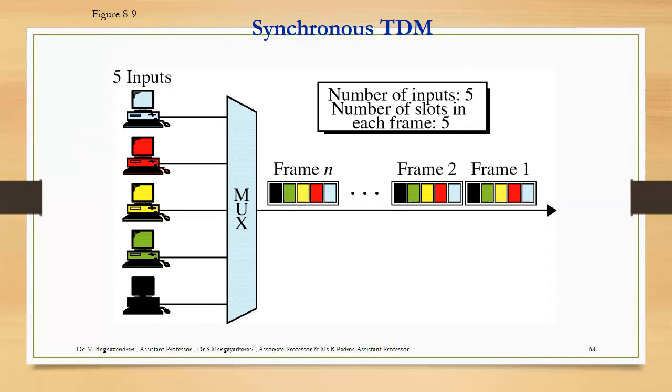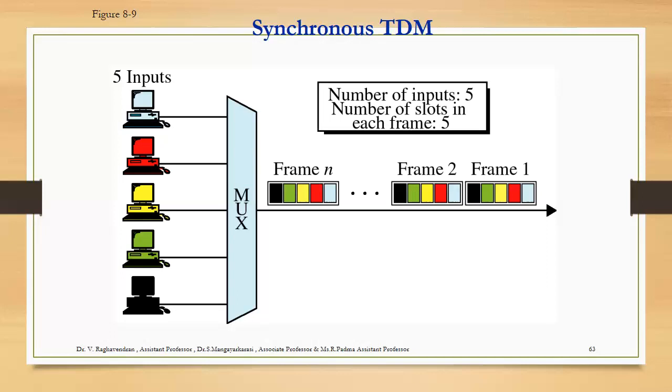If I use 4 inputs, the number of slots in each frame is 4. So based upon your input devices, the number of inputs differs, and the number of slots in the frame also differs.